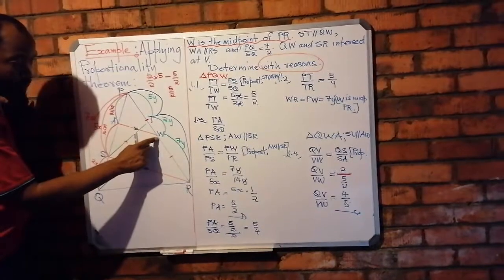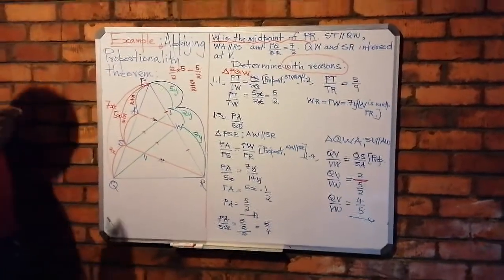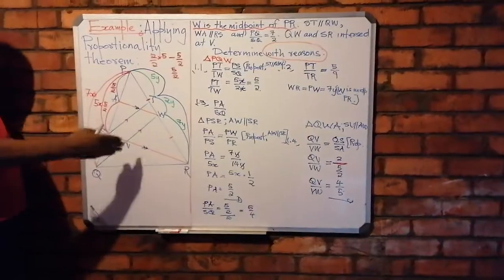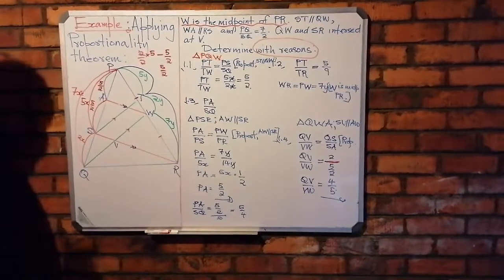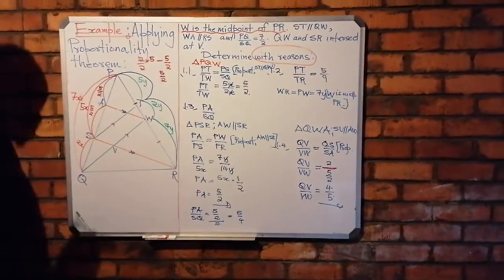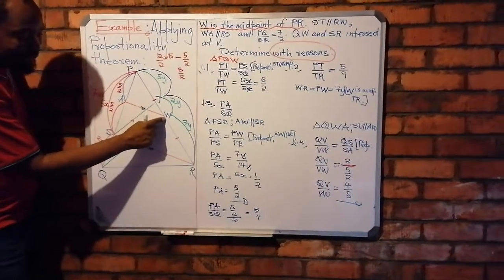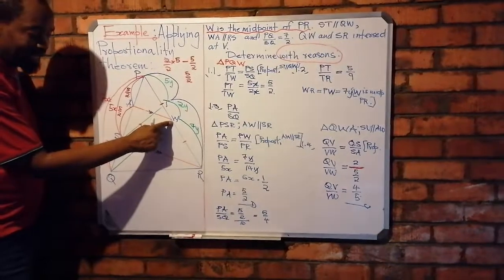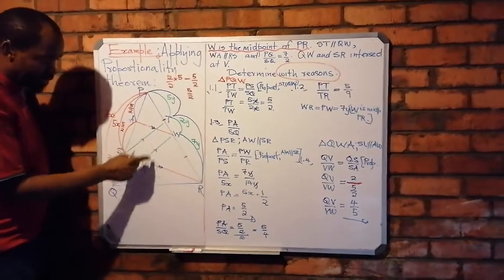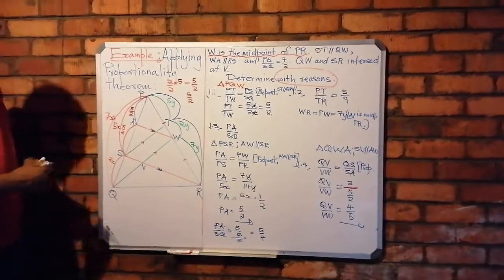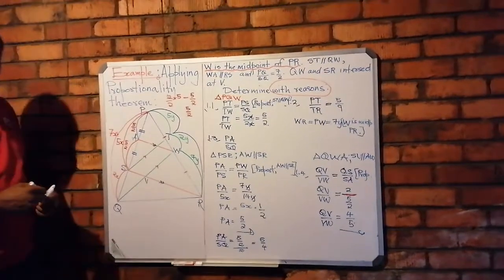A line drawn from midpoint of the triangle to the midpoint of the other side of the triangle is parallel to the third side. Now, there is a converse to that. I'm going somewhere. Get this now. A line drawn from the midpoint of one side of the triangle parallel to the other side of the triangle bisects the third side.